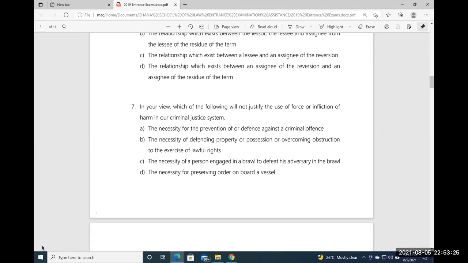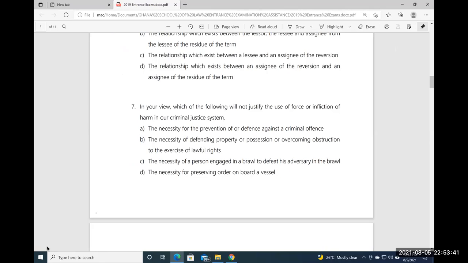Okay, so this is in Article 13, Clause 2. If I may read Article 13, Clause 2.